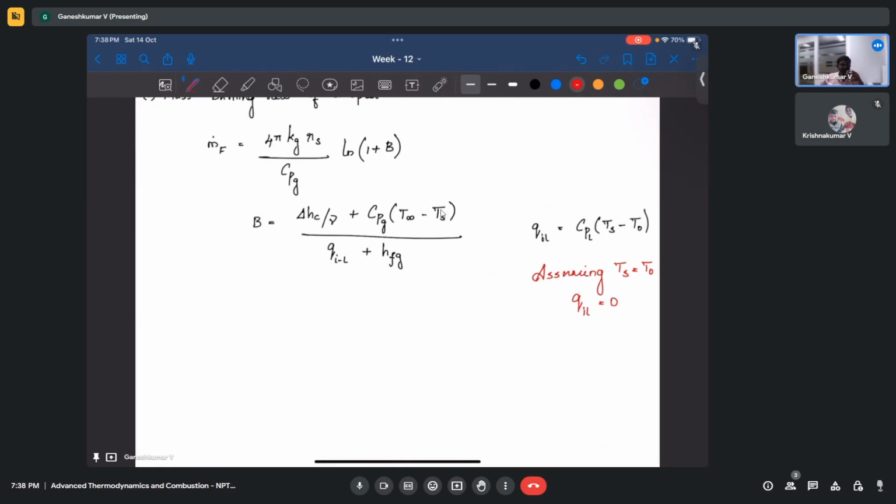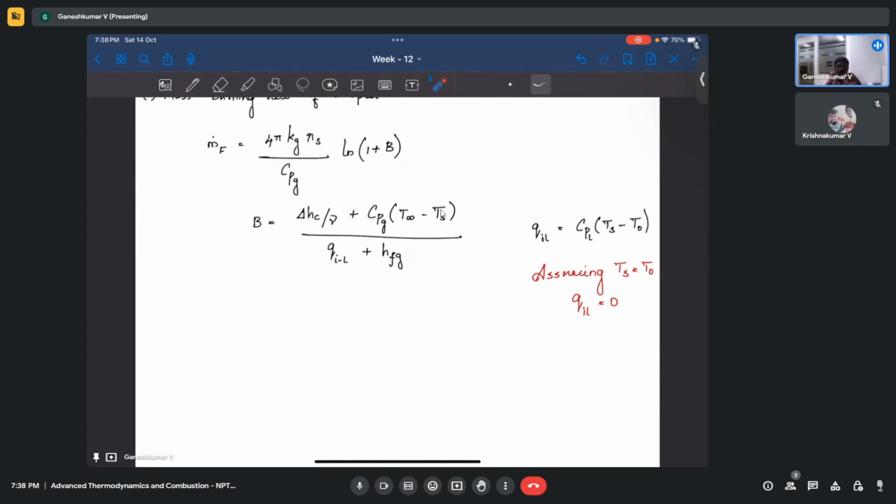What I'm telling is QIL is equal to 0, because the droplet is at saturated temperature. And we were talking about CPG. The CPG could be either the gas phase Cp or the fuel side Cp.